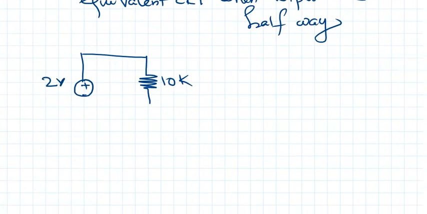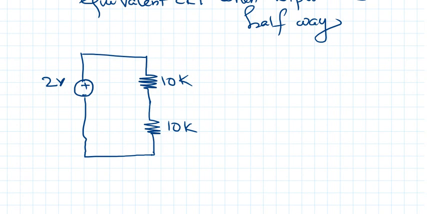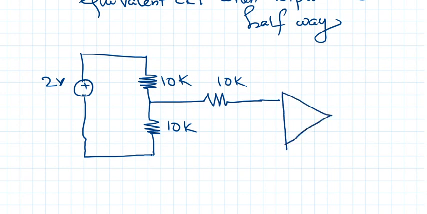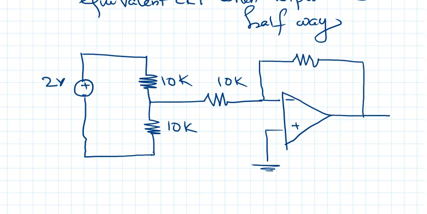Okay, so the equivalent circuit can be easily drawn like this, and here we have a 10K and an op amp with the 15K. Okay, so this is the equivalent circuit.